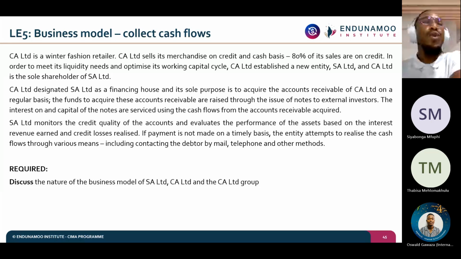In order to meet its liquidity needs and optimize its working capital cycle, i.e., in order to collect cash flows much more quickly, CA Limited established a new entity being SA Limited. And CA Limited is the sole shareholder of SA Limited. So CA Limited has now got a subsidiary called SA Limited.